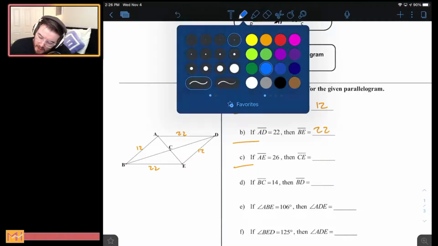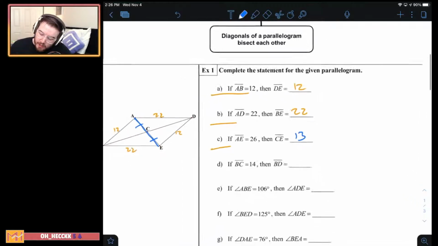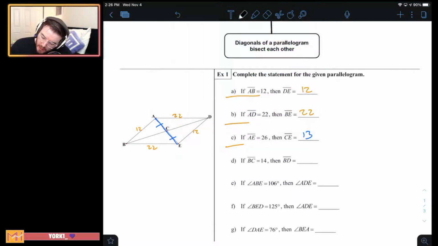If AE is 26, well then CE is half of that, so 13. Why is that true? Because diagonals bisect. Let me go ahead and just make note of what fact I'm using. Opposite sides are congruent. Opposite sides are congruent.